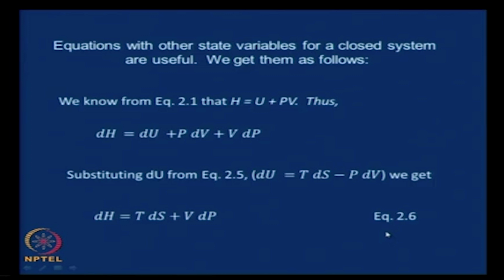There are other useful equations or relationships that we can derive for the other thermodynamic variables, and let us see some of them here. If you recall the definition of the Helmholtz free energy A, we had defined it as U minus TS. If you want, you can go back and check equation 2.2 in your notes or in the video lectures. A equals U minus TS.